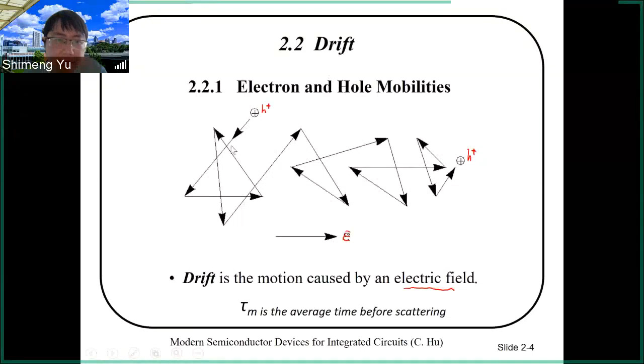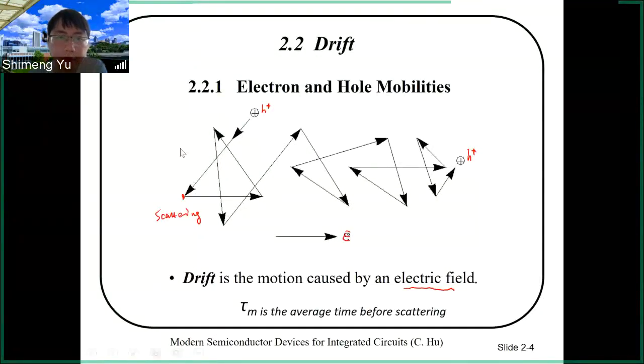But the path is not a straight line. You are actually going through many scattering events. This is similar to what we discussed before in lecture 2. The electrons will scatter with the atoms in the metal.